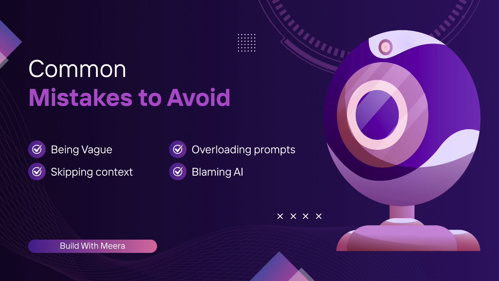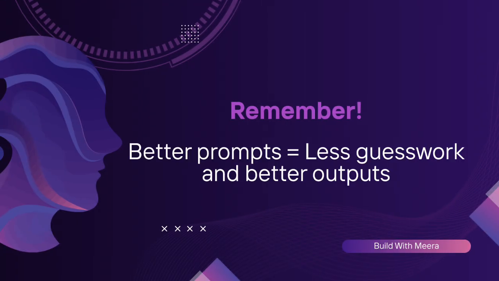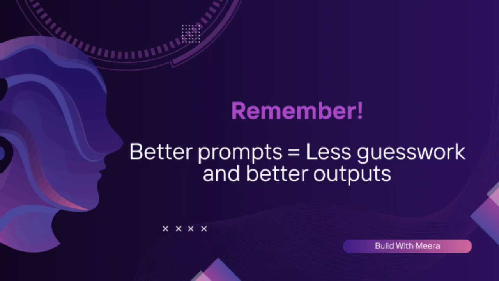And the last but not the least is blaming the AI. This is something I've been doing until I realized it wasn't the fault of the AI, but the prompts. Most bad outputs come from incomplete prompts. If the output isn't good, just check which part of your prompt is missing using the RTCO Framework.